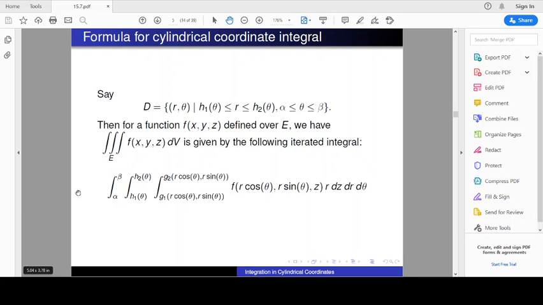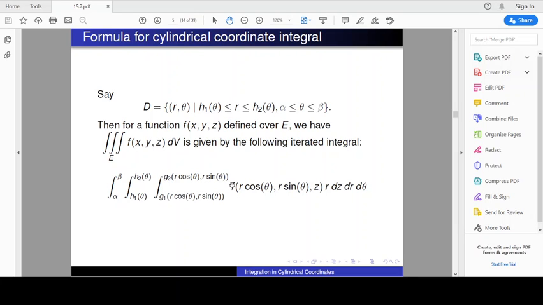So the thetas still go from alpha to beta. The r's still go from h1 of theta to h2 of theta. So this outer double integral is still just your standard polar coordinate integral. And then your innermost integral with respect to z will go between g1 of r cosine theta, r sine theta, right? Because that will be our x and y now. And similarly, the upper bound for that integral will be g2 of r cosine theta, r sine theta.